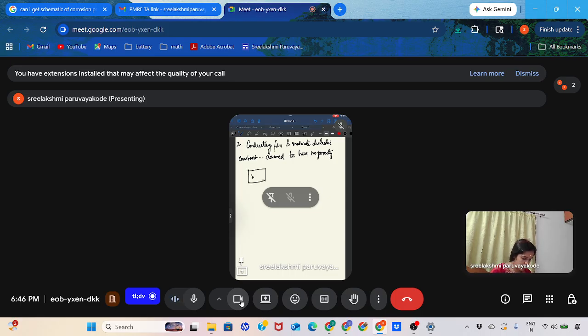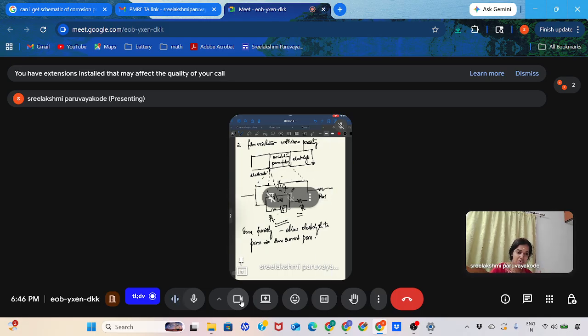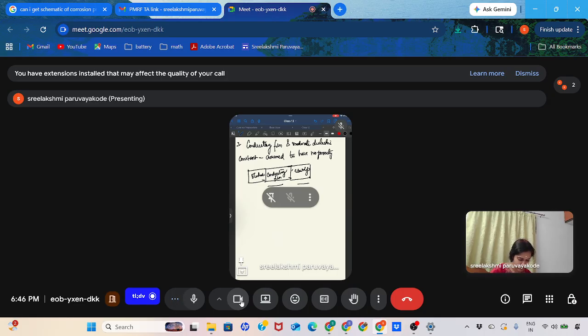So it has the electrode. You have a conducting film, but it's not porous. This is the electrolyte. See, here it's having porosity, so it's kind of interlinked. But here this is separate, this is separate.